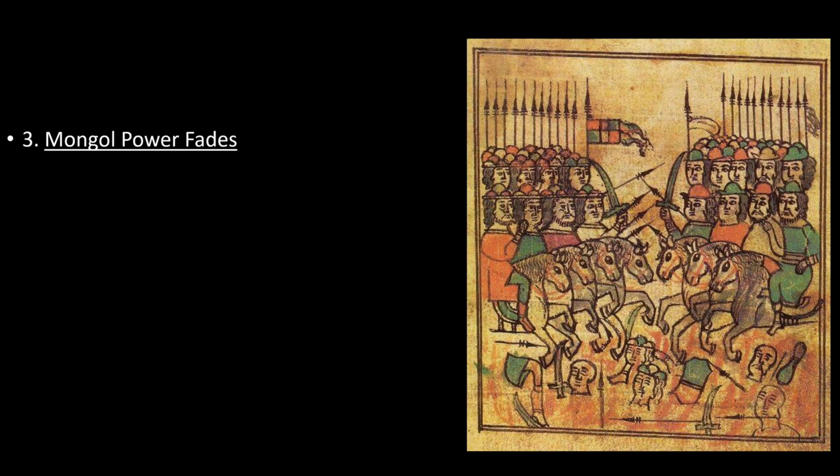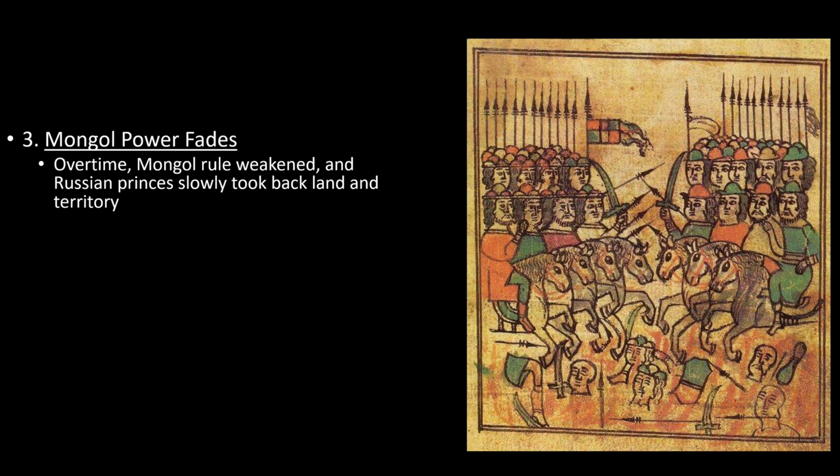Well, guys, it doesn't stay like that. Over time, just like any empire, guys, Mongol rule fades, and slowly, these wealthy Russian princes start to take back land and territory over time. Eventually, Russians led by this guy, the Grand Duke Dmitry of Moscow, a future capital of a united Russia much later, Dmitry of Moscow, guys, is able to defeat Mongol forces in 1380 and kick them out of the Russian provinces.